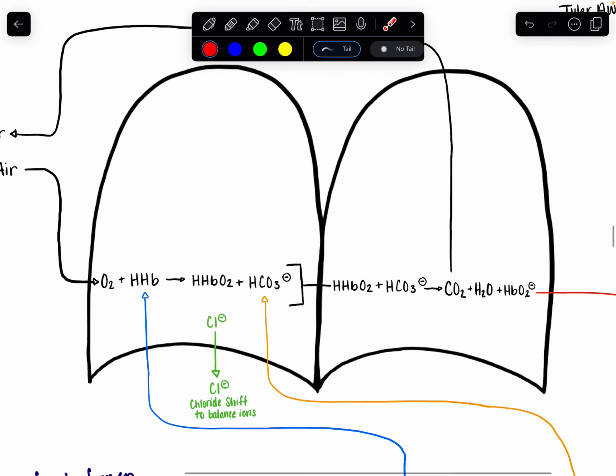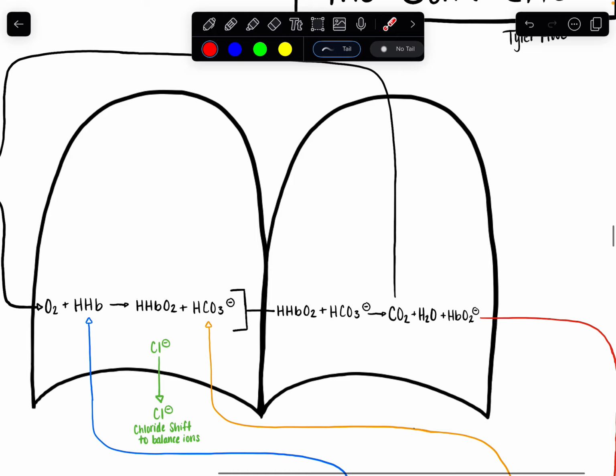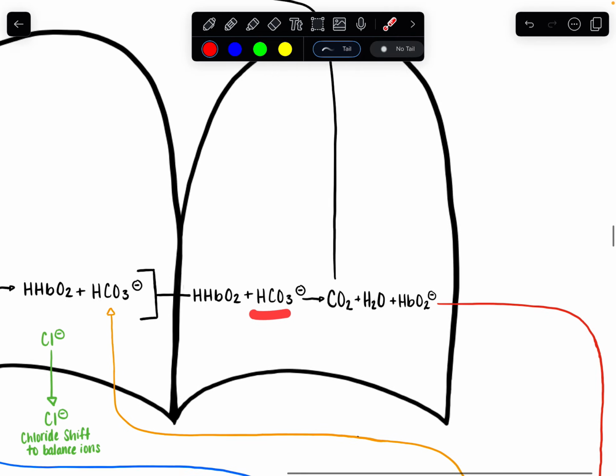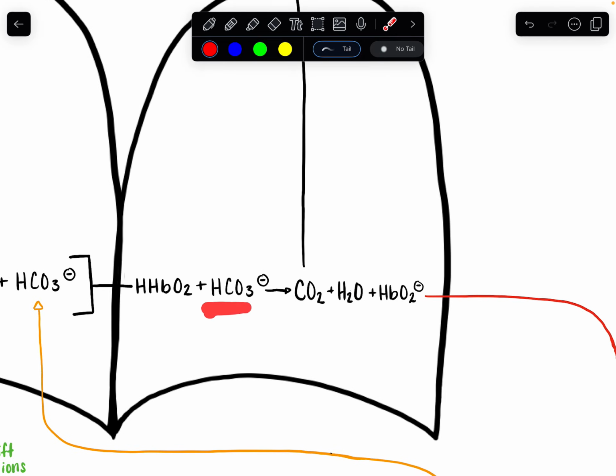Continuing on, we have our hydrogenated oxygenated hemoglobin and our bicarbonate ion. As we progress into the next lung, we still have both. What's going to happen is our bicarbonate ion is going to split, and we're also going to lose a hydrogen off of our hydrogenated hemoglobin.